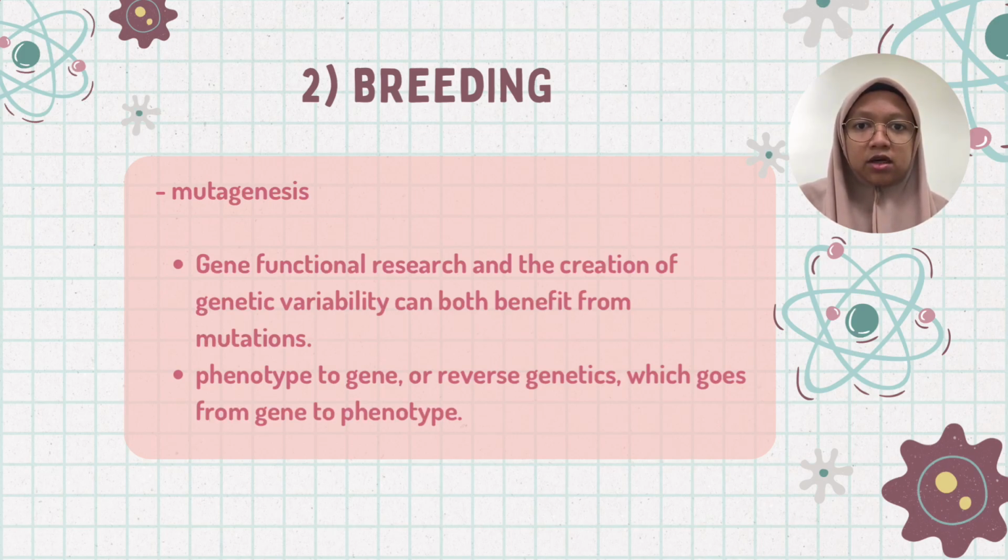Higher plants, on the other hand, have very low spontaneous mutation rates. One key tactic to raise the frequency of mutation is mutagenesis. It makes functional genomic research and the creation of novel genotypes possible.